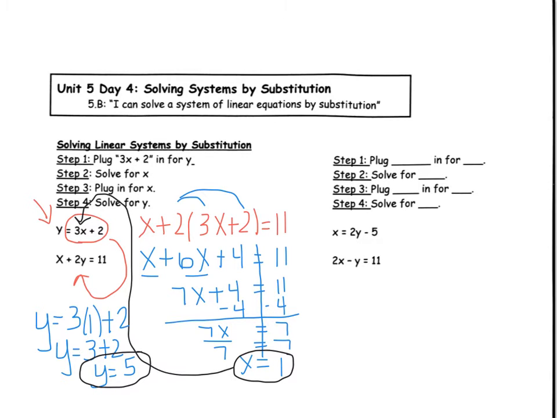First thing I want you to do is to identify the equation where x or y has been solved for initially, or x or y is by itself. That is our first equation. You notice that x is equal to 2y minus 5. So I'm going to take 2y minus 5 and I'm going to plug it in for x.